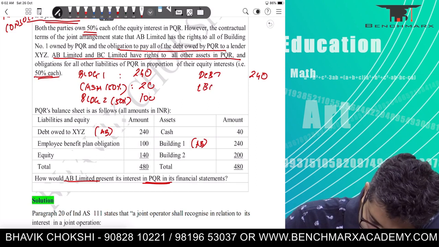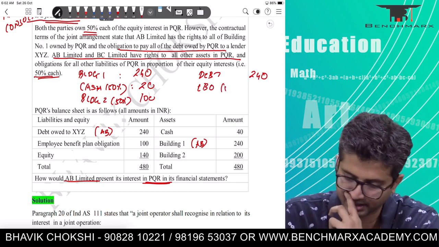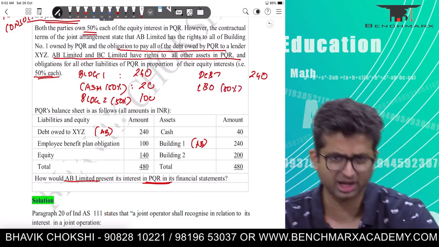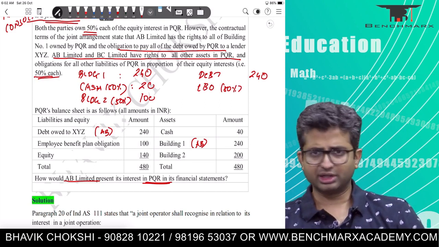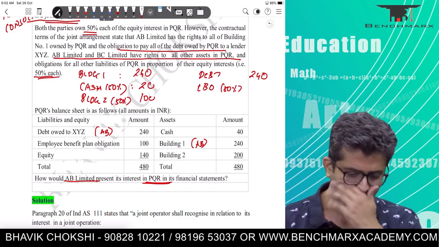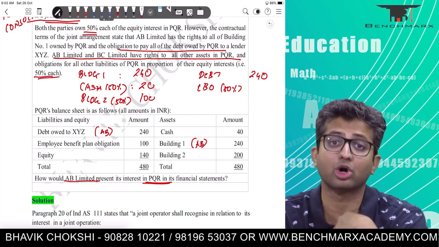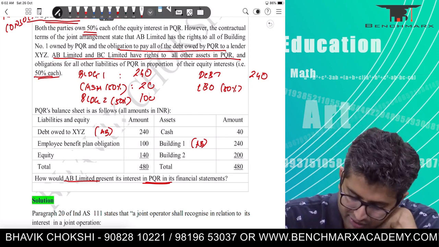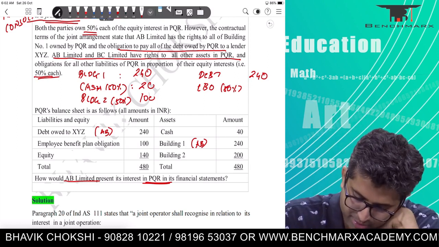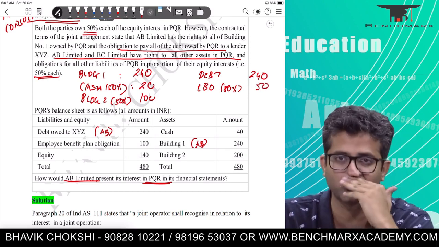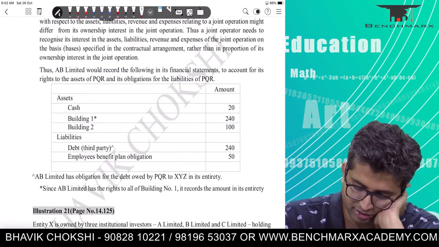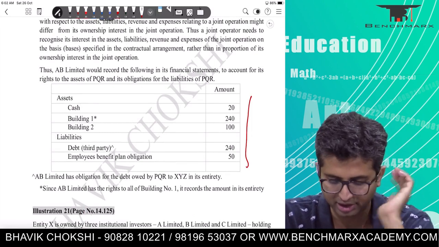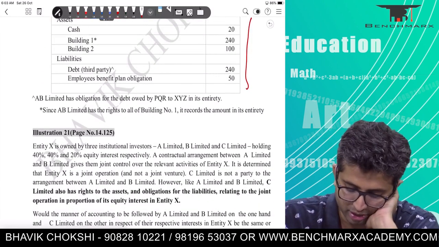The employee benefit obligation, again a 50% share. This is your assets and liabilities. Equity is owner's interest. That's not equity capital for you, so we have to proportionately record assets and liabilities, and hence the 50% over here will be 50. So this is what you need to record at the time of joint operation. This is what the question is telling you. It's a very straightforward question over here.